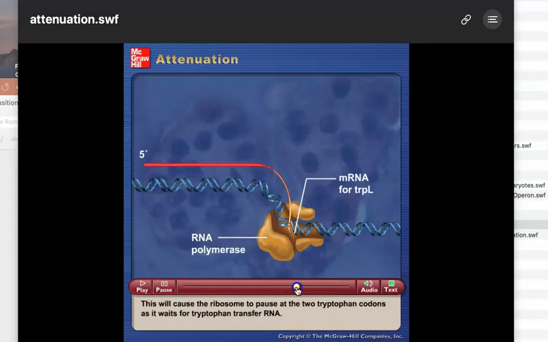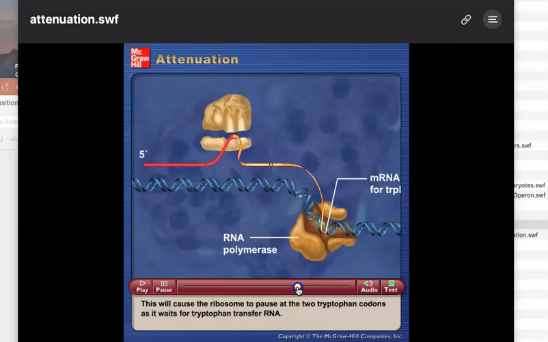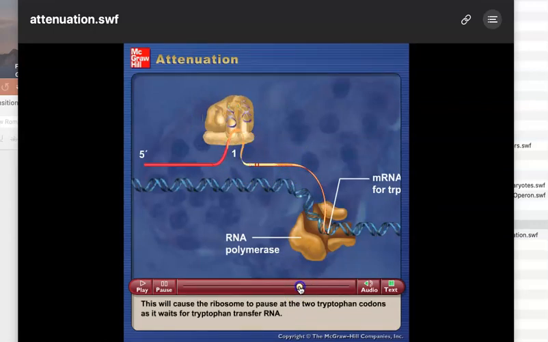This will cause the ribosome to pause at the 2 tryptophan codons as it waits for a tryptophan transfer RNA. See that? Again, the A site that you see here is waiting for a tryptophanyl tRNA. And if it has to wait too long, that allows the termination stem loop to form.